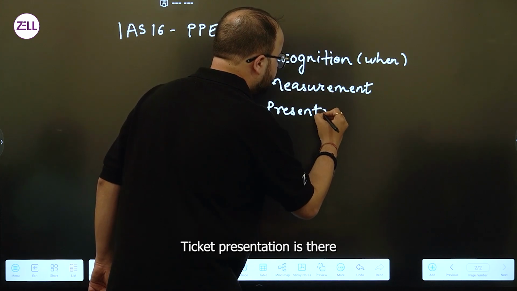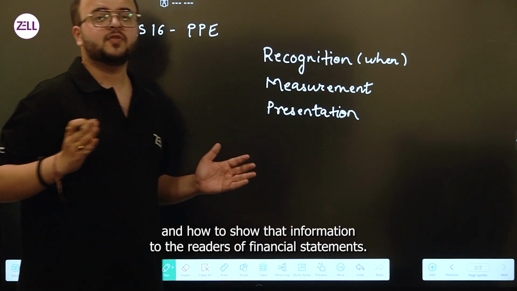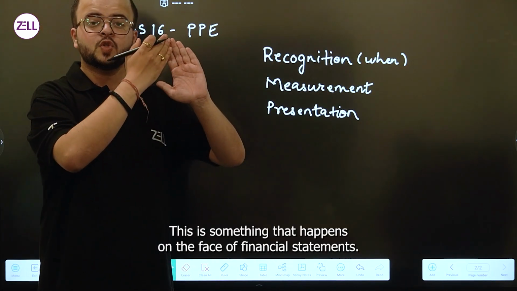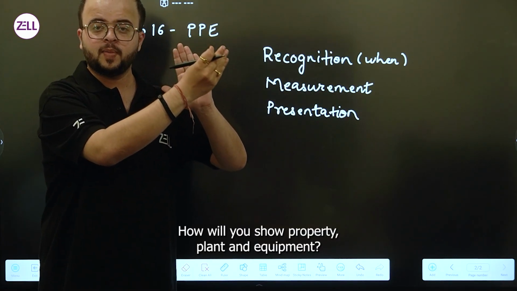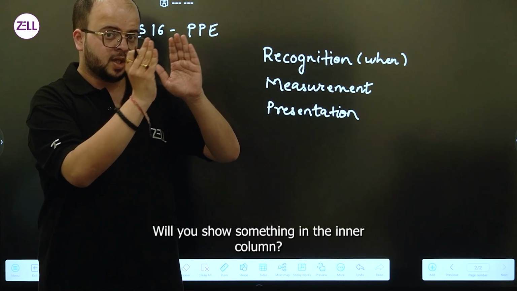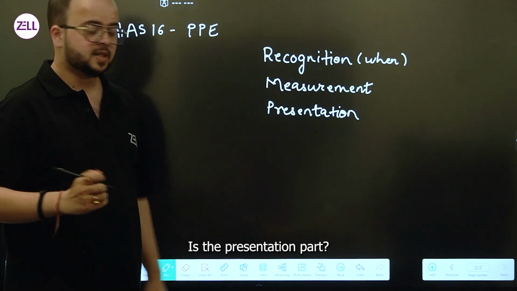Presentation is where and how to show that information to the readers of financial statements. This is something that happens on the face of financial statements. How will you show property, plant and equipment? How will you show debtors? Will you show something in the inner column? What value will go to the outer column is the presentation part.